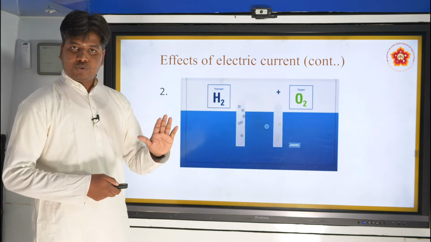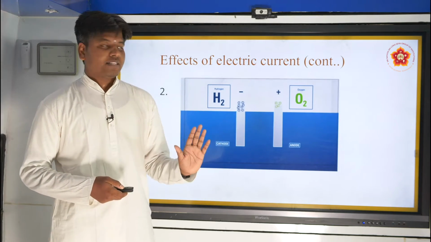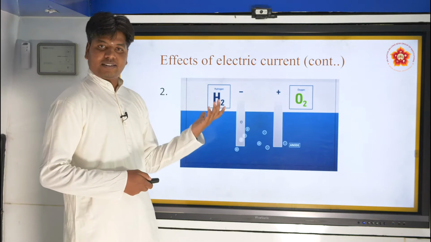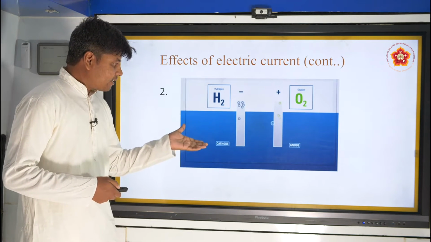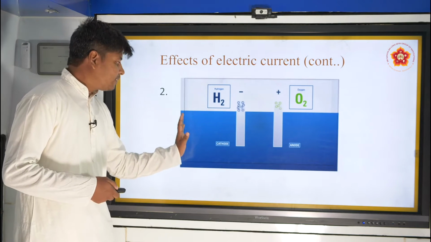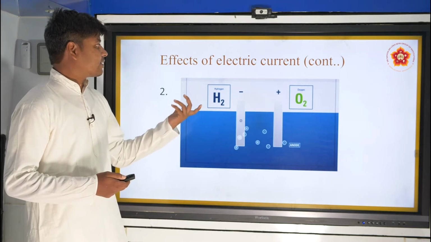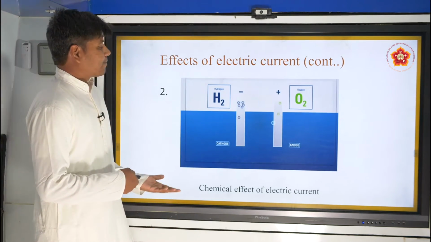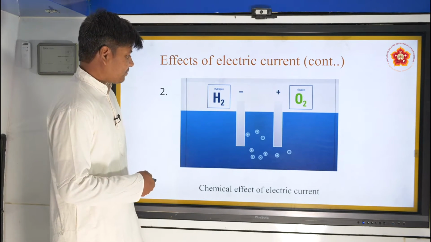H2O is decomposing into H plus ions and OH minus ions, and we are getting gas here. So this is also an effect of electric current. Yes or no? Because if you pass electricity, the chemical composition of this solution is getting changed. This is called the chemical effect of electric current, as we discussed.